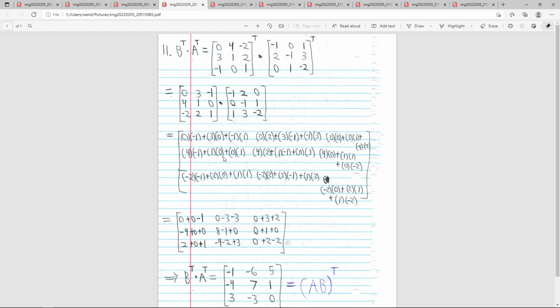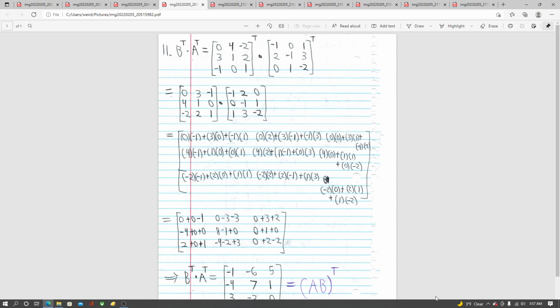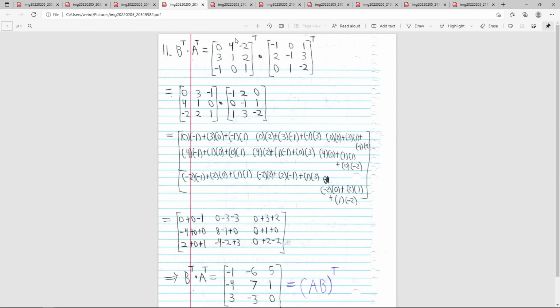I didn't do them in color because of how normal they are. We take the transpose, of course: we make the rows into columns and the columns into rows. You do the switcheroo for both A and B, but it's B times A.